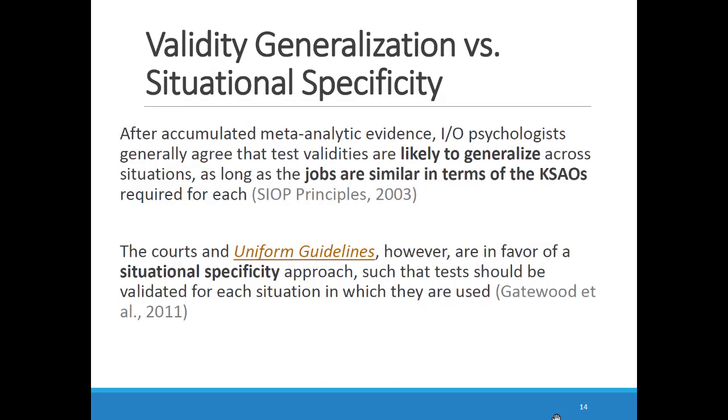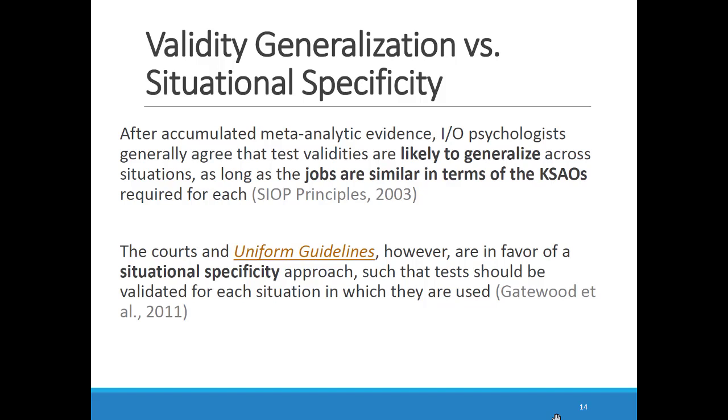In terms of what the general verdict is, after accumulating meta-analytic evidence, IO psychologists generally agree that test validities are likely to generalize across situations as long as the jobs are similar in terms of the knowledge, skills, abilities, and other characteristics that are needed.